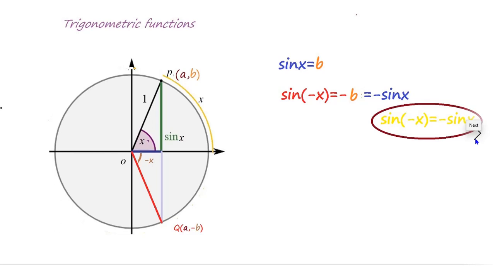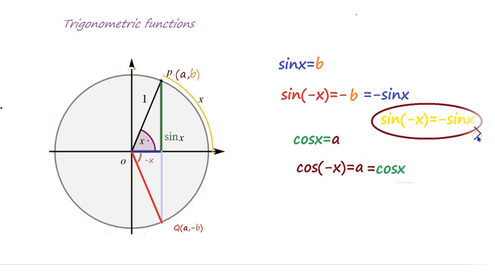Similarly, let us find cos of minus x. What is cos x? Cos x is the x coordinate of the point, that is equal to a. And what is cos of minus x? Cos of minus x is equal to a only, because it is the x coordinate of Q. A is cos x only.